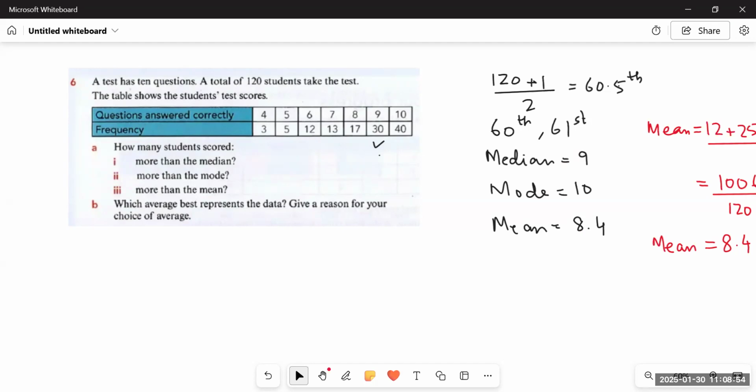So this is the highest number of students among 120 who answered all the questions correctly. It just tells us how many students answered all 10 questions correctly. Apart from this, it is not telling us anything.